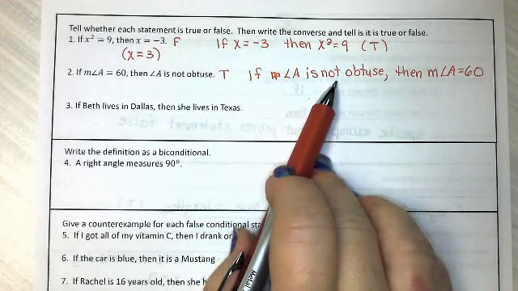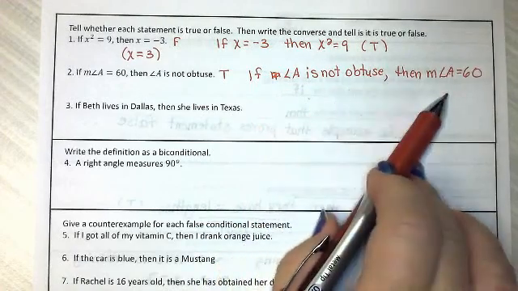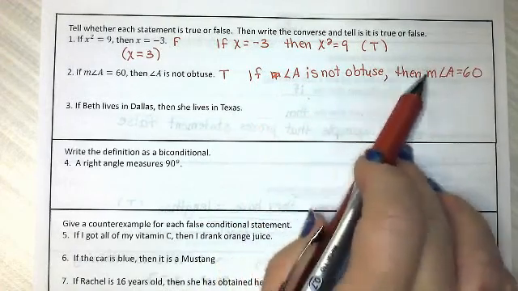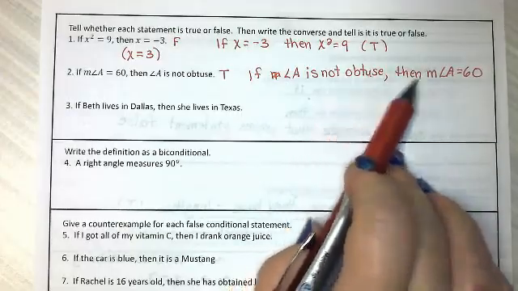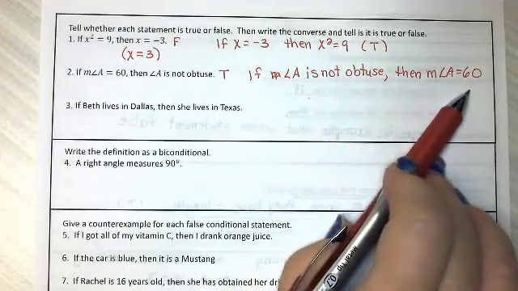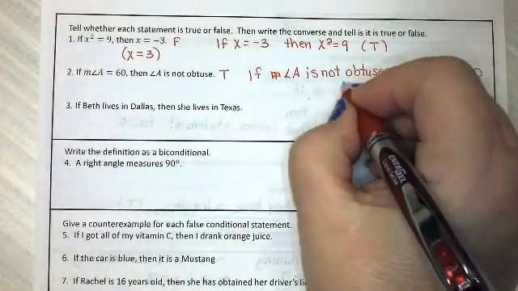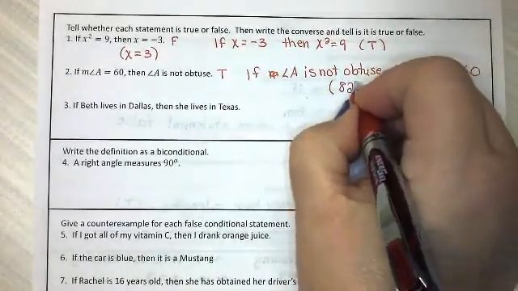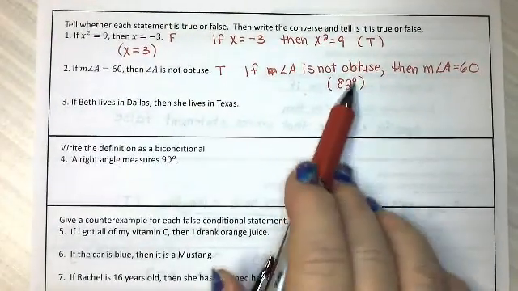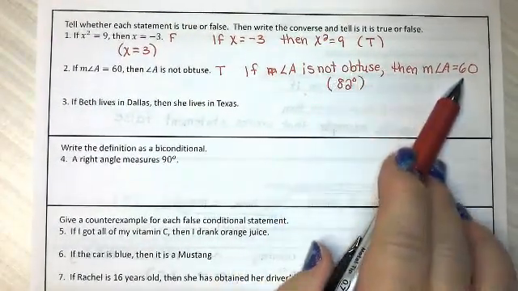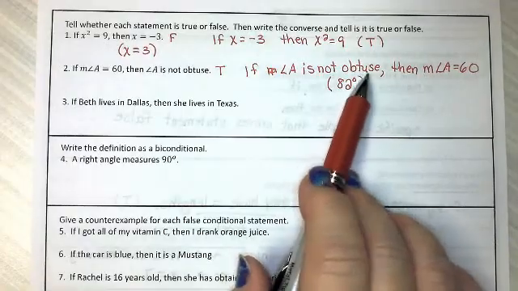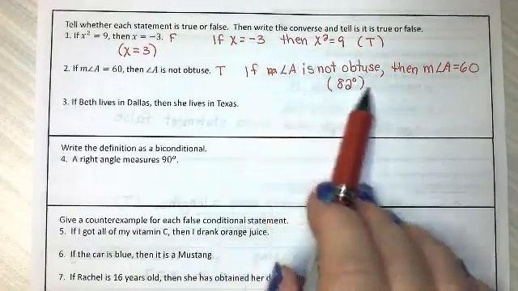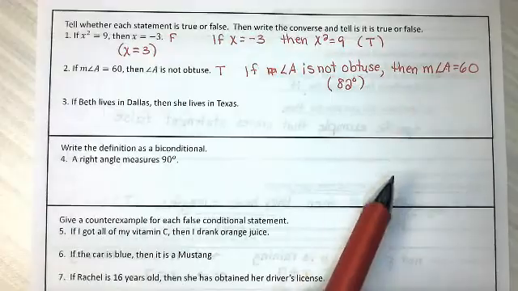Remember, we could put in the phrase, it has to be. If it's not obtuse, it has to be 60. I don't think so. Counterexample: 82. Not obtuse, but it doesn't equal 60. So remember, your counterexample makes the if part still true, but you proved that the second part doesn't have to be.